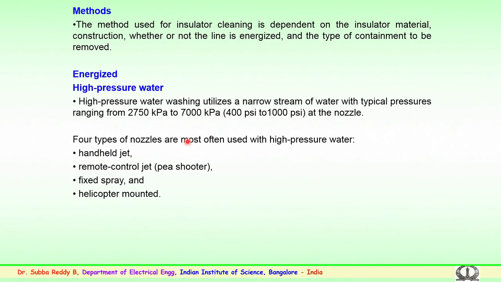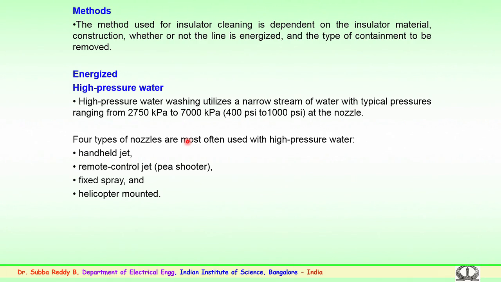Four types of nozzles are most important, often used with high pressure water under energized conditions, that is live line maintenance, as termed by the utility personnel.